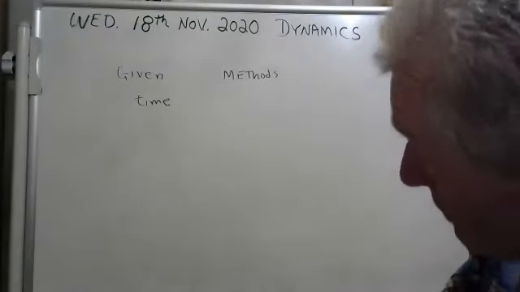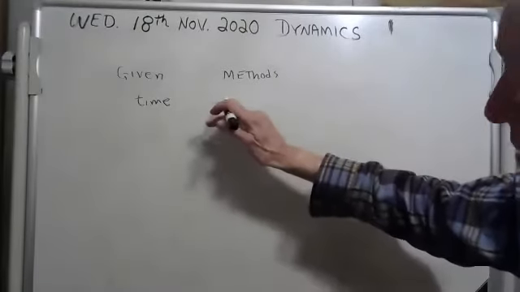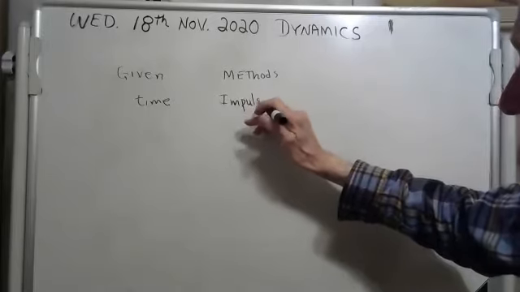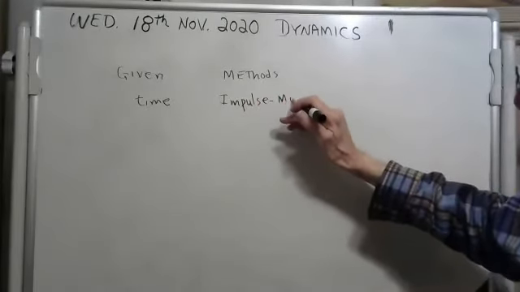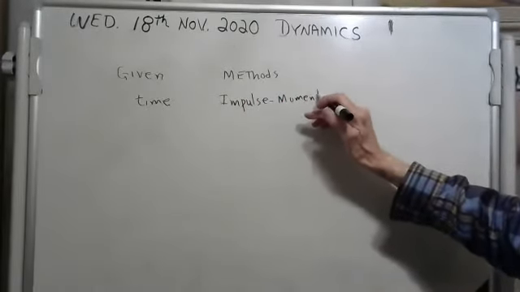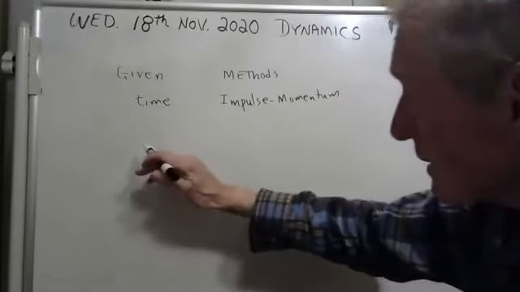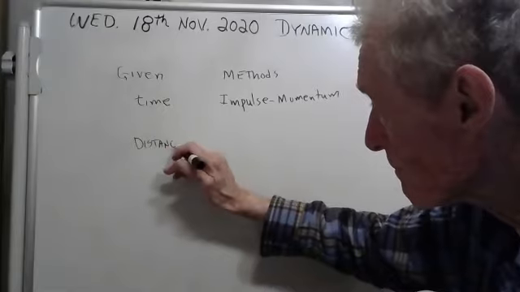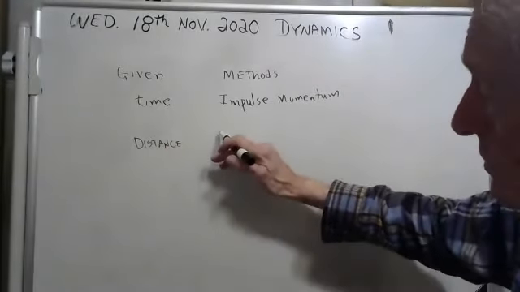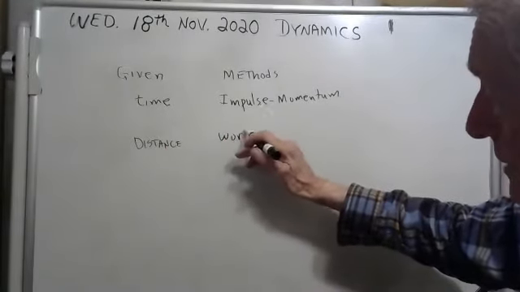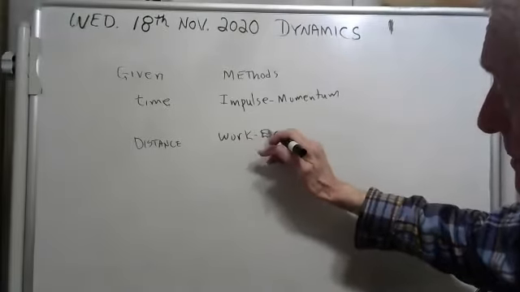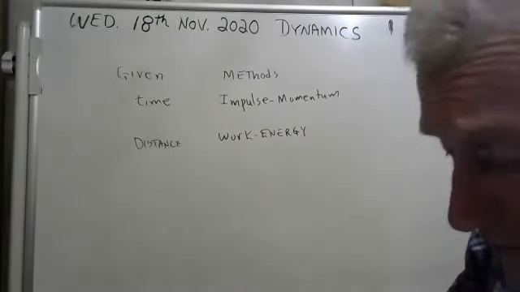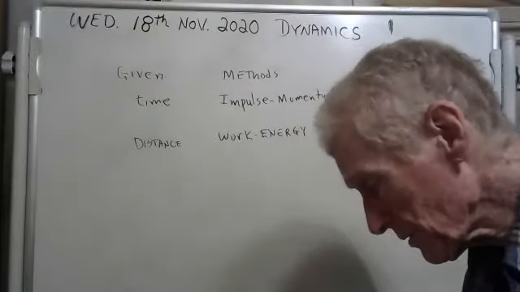If the problem gives you time, use impulse momentum, it's easier. If they give you distance, then you want to use the work energy method. It's easier. Not that the other methods wouldn't work, they all work.